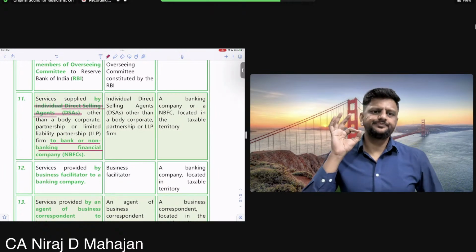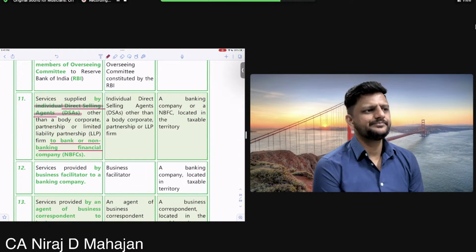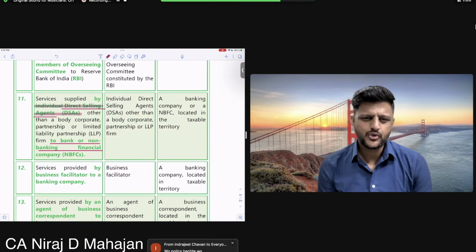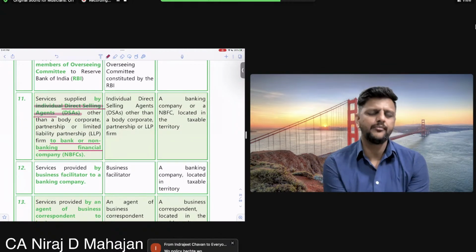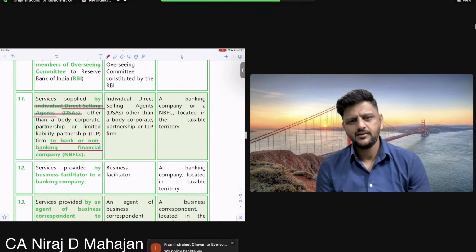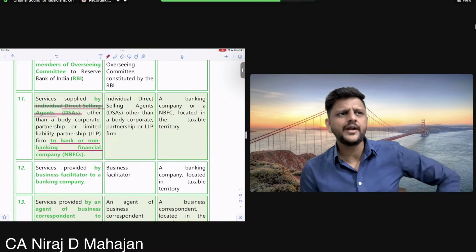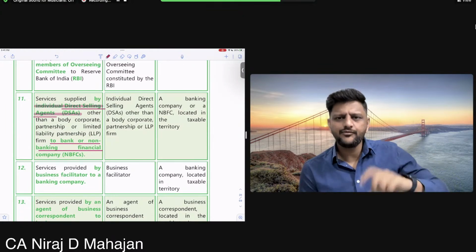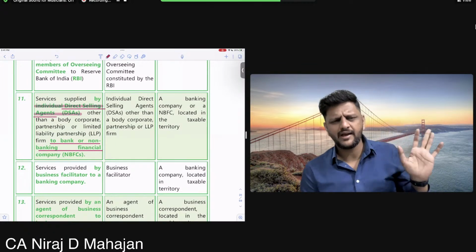Banks, bachcho, have their, in simple language I'll say, you can register policy or loan, the one who sells the loans of a bank. These are agents, bachcho. Okay, let's talk about an individual. He has a kind of a code or registration with 10 to 20 banks.